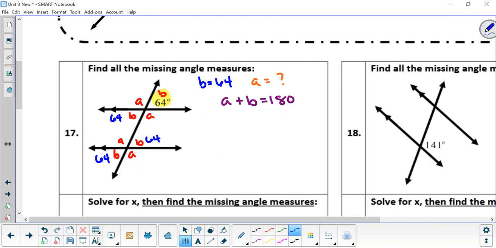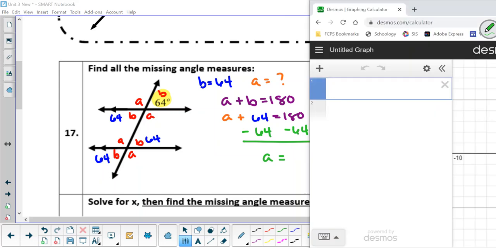And I can just fill in what I know. So I have A, which is my question mark, so we're going to leave that as A, plus B is 64. All of that still equals 180. So to figure out A, we just subtract 64. So my letter A ends up equaling whatever 180 minus 64 is.